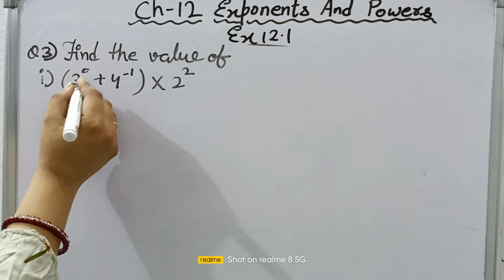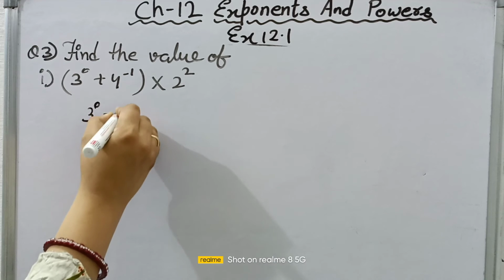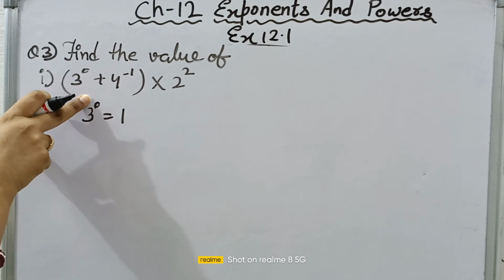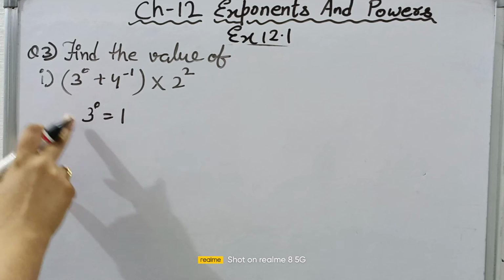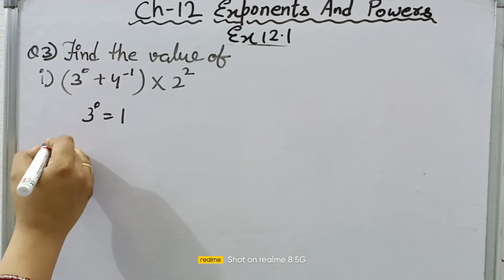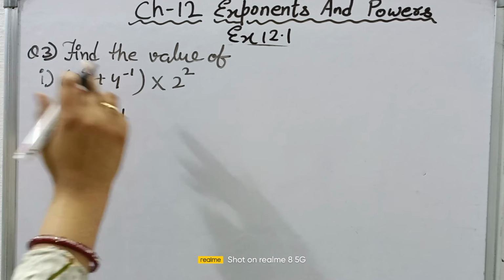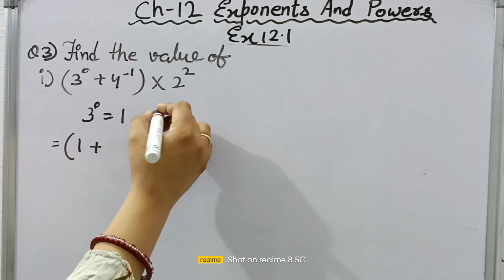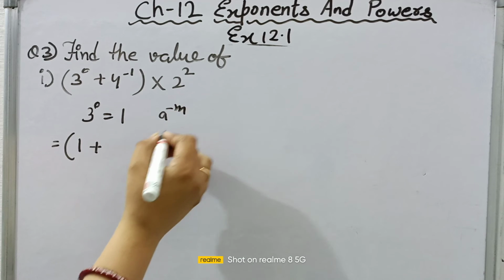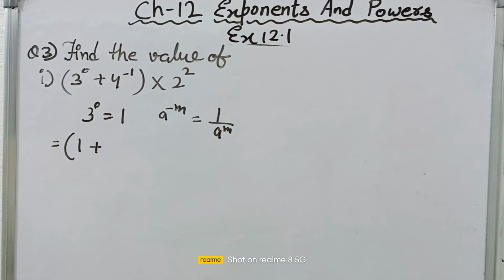What we can do? We know 3 raised to the power 0 means 1. Whenever any base have their exponent as 0, their value is always 1. Right? So we can directly write 1 plus, now this 4 raised to the power minus 1 can be written with the help of our law a raised to the power minus m equal to 1 upon a raised to the power m.